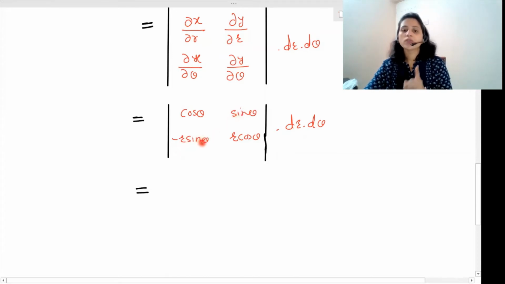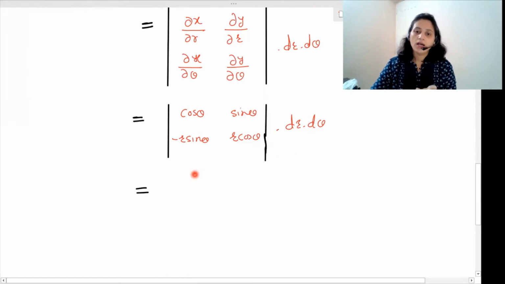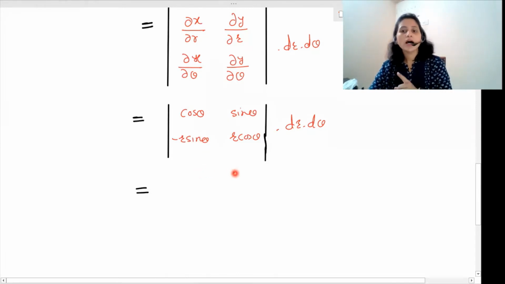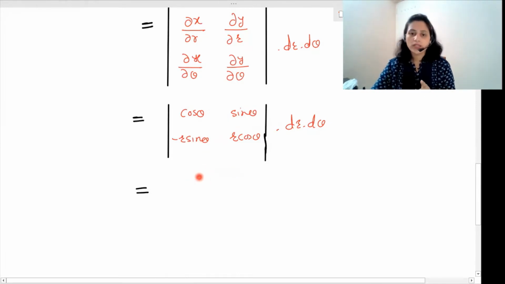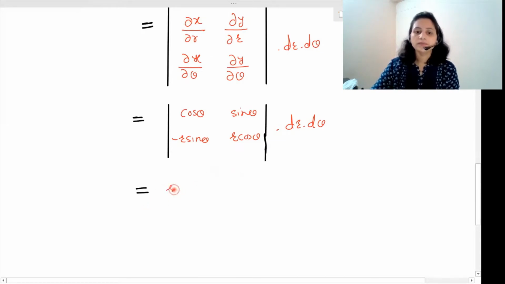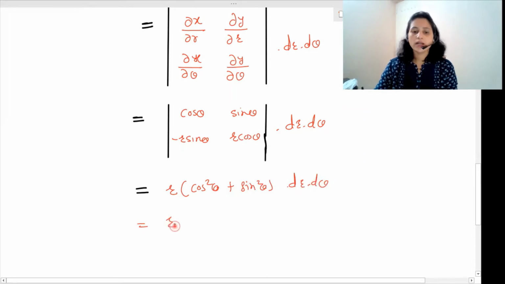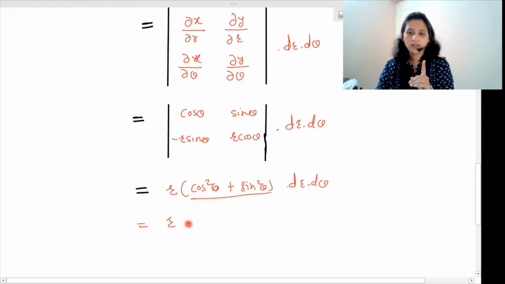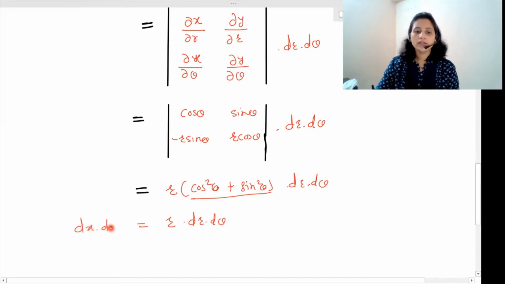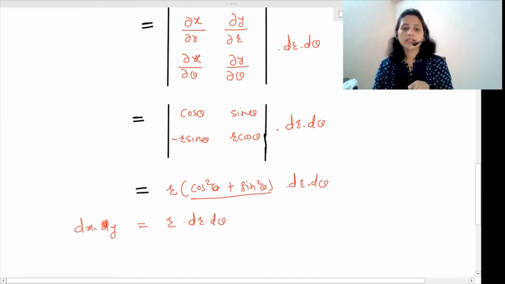So this is nothing but r cos square theta plus r sine square theta, which is r into (cos square theta plus sine square theta) dr d theta. So this r stays as it is, and cos square theta plus sine square theta is nothing but 1. So this is dr d theta, and this is the value of dx dy. So what is dx dy? dx dy is equal to r dr d theta.